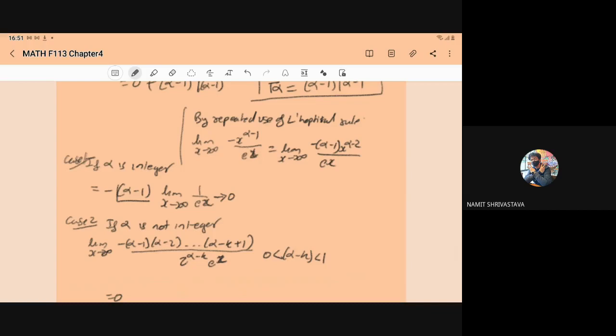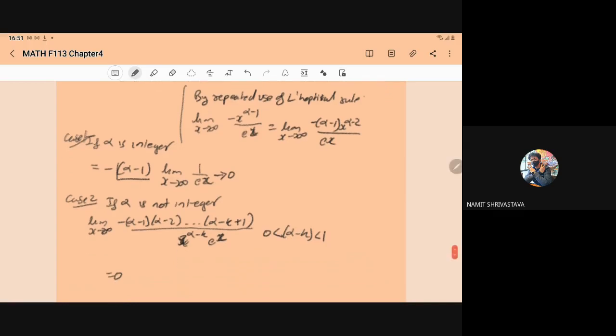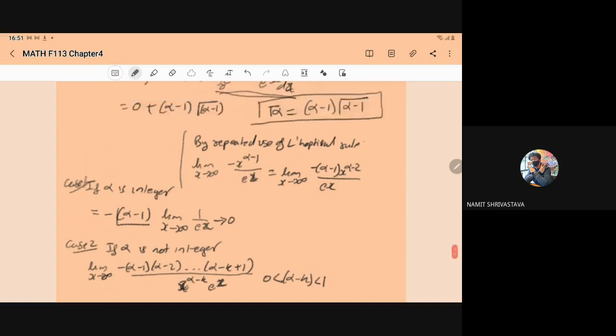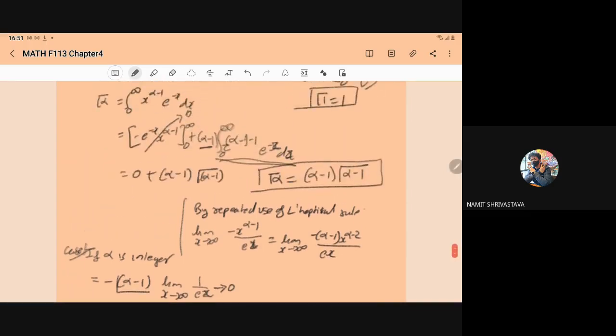When alpha is not an integer, as x tends to infinity, in the numerator it will be minus alpha minus 1, alpha minus 2, and so on, the product up to alpha minus k plus 1, divided by x to the power alpha minus k, where you have derived k times, over e to the power x. Now alpha minus k lies between 0 and 1, so in that case also this limit will be 0. So whether alpha is an integer or non-integer, this function under the limit is 0.